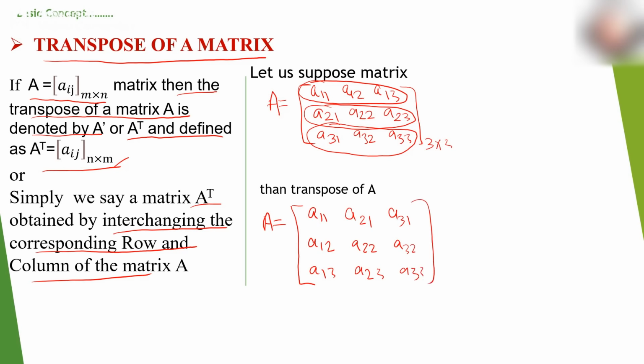So we get a matrix of order 3 cross 3, which is the transpose of that matrix. So just a simple concept, we interchange the row into column, or we can also say the column into the row.